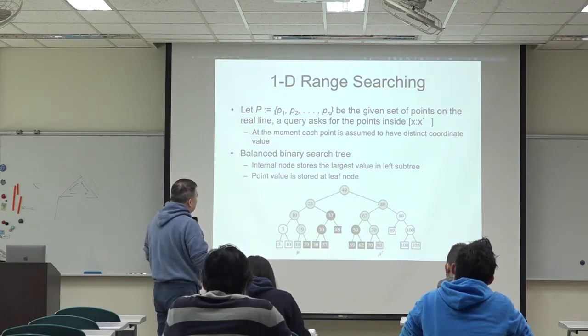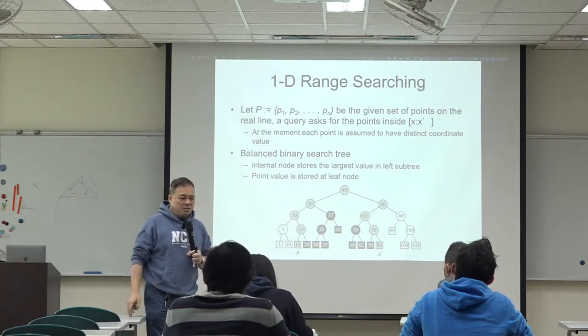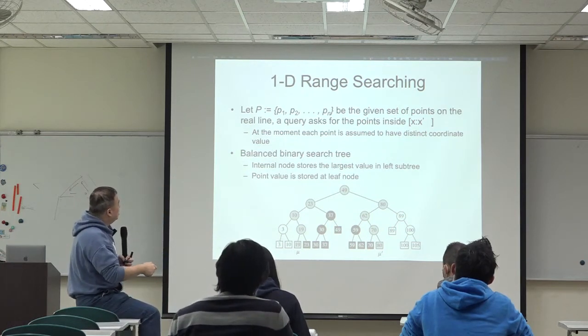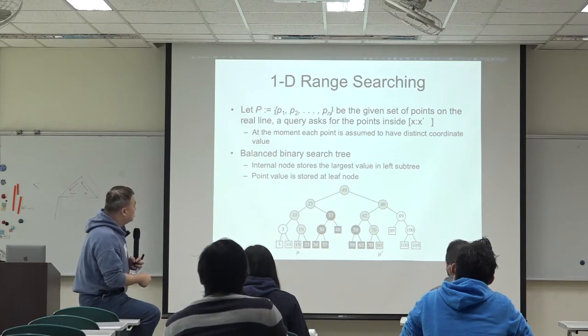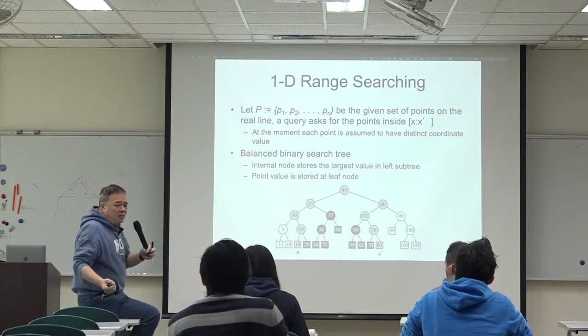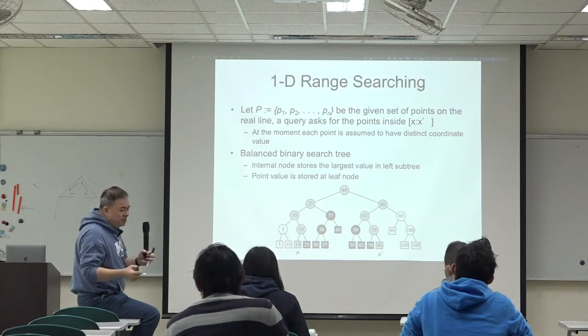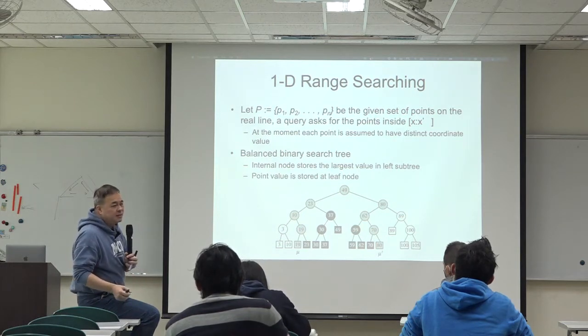So the very easy, very efficient approach that we can use to deal with all these numbers is the balanced binary search tree. You have seen that we have been using this balanced binary search tree in this class many times, right?